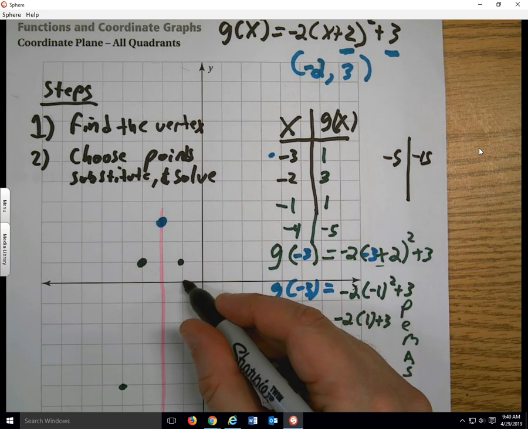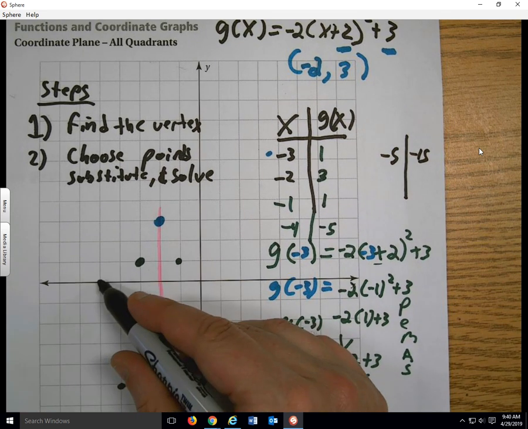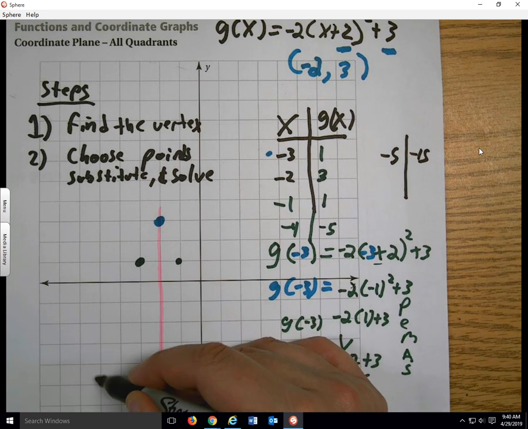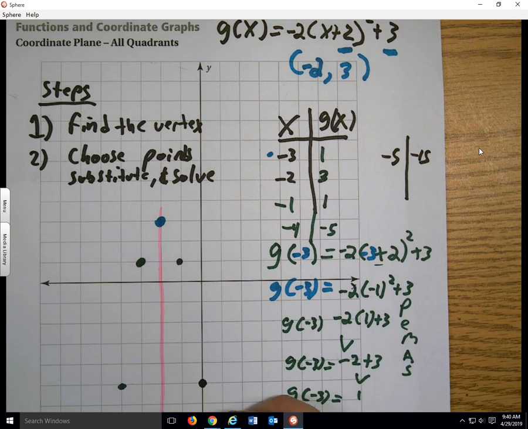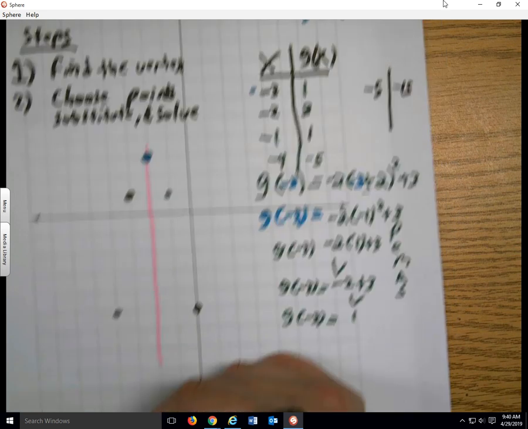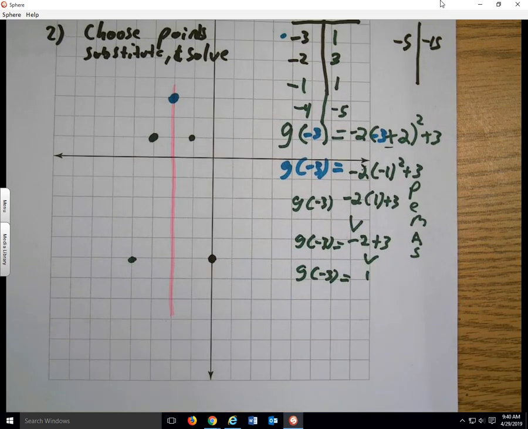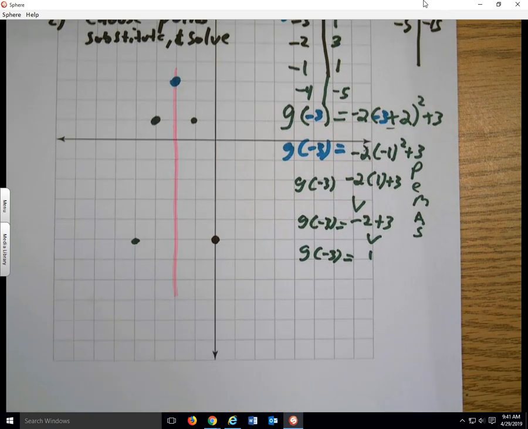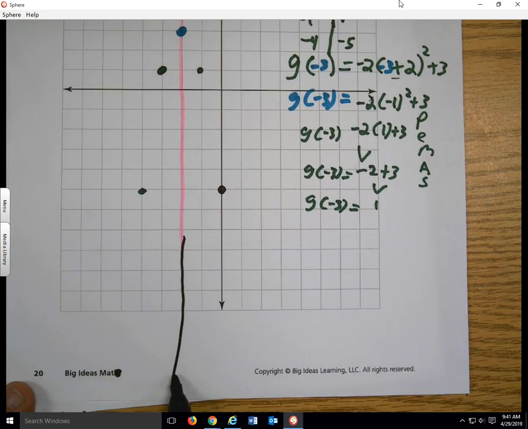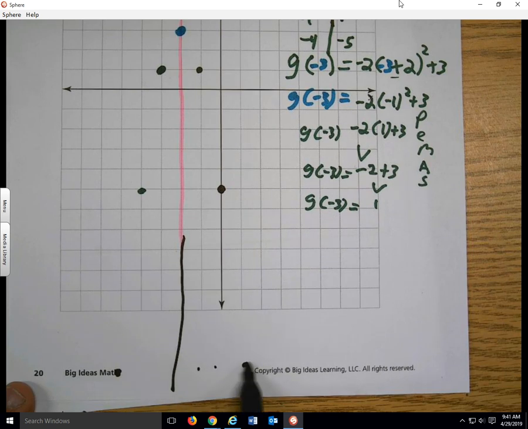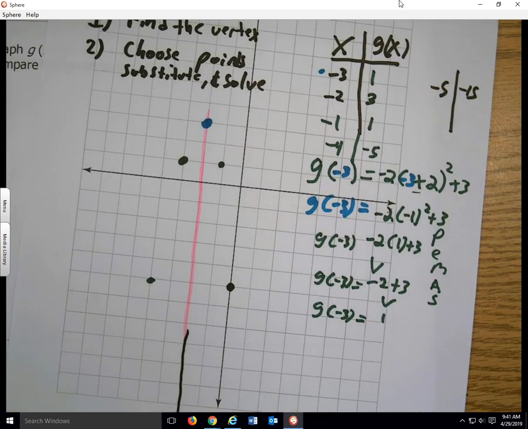So -5, 1, 2, 3, 4, 5, -15, 1, 2, 3, 4, 5, 7, 8, 9, 10, 11. Kinda. It's off the map, but you can see if you were to extend the axis of symmetry that it's just 3 away, so just go 3 away, 1, 2, 3. And that's how that parabola would continue.